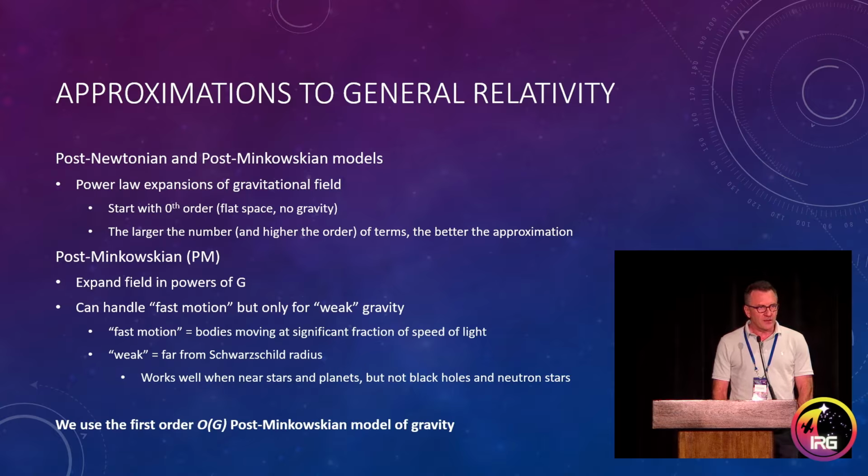So weak gravity works well for stars and planets because they are much larger than their Schwarzschild radii, but it doesn't work well when you're talking about black holes and neutron stars because they have sizes that are comparable or smaller than their Schwarzschild radii. So what we use is the first order in G, first power of G, Post Minkowskian model of gravity.